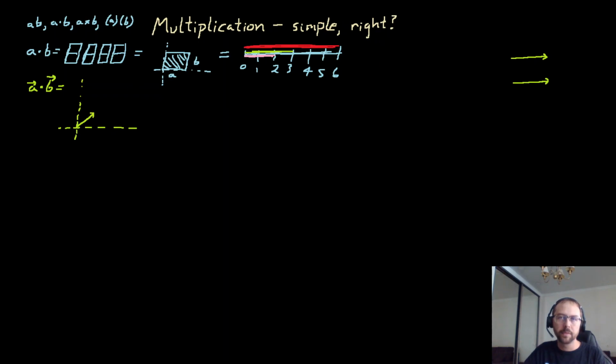I should probably use colors here. And then let's take another vector. These are really close colors. Oh, whatever. I don't want to use a close color, let's use blue. So the next one is going to be 0, 3. I'd say that's roughly 0, 3.